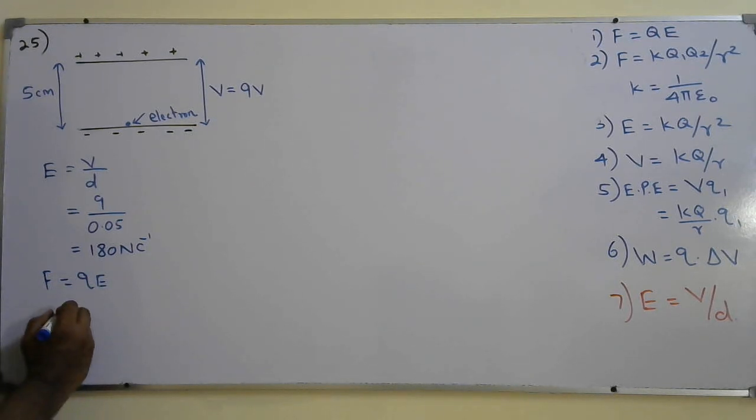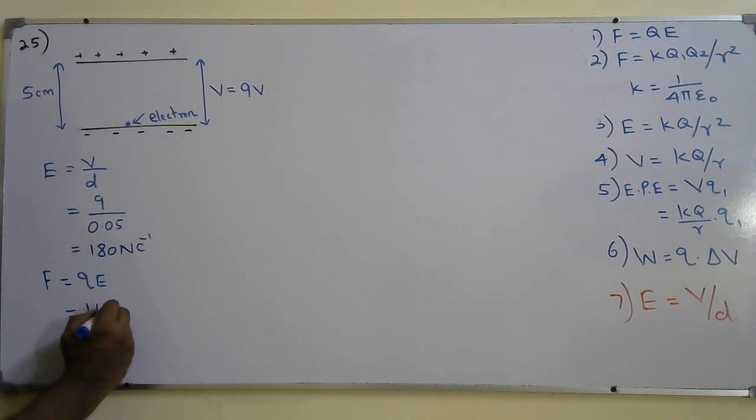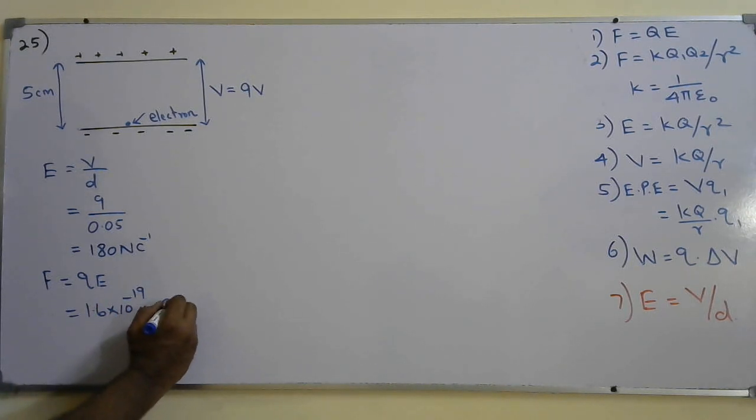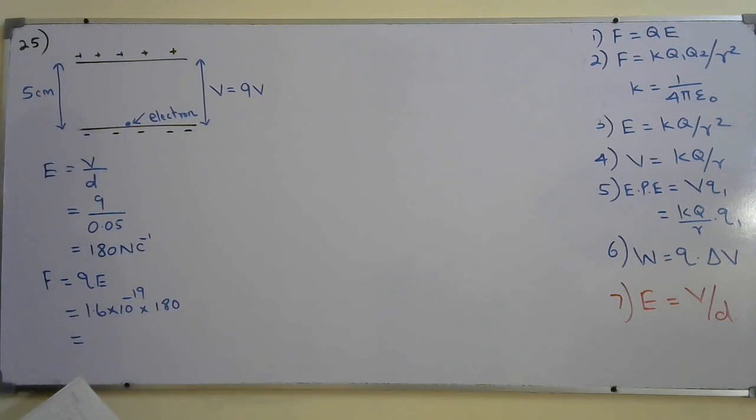The charge of the electron is 1.6 × 10^-19, and the electric field strength is 180. So that is 2.88 × 10^-17 newton.